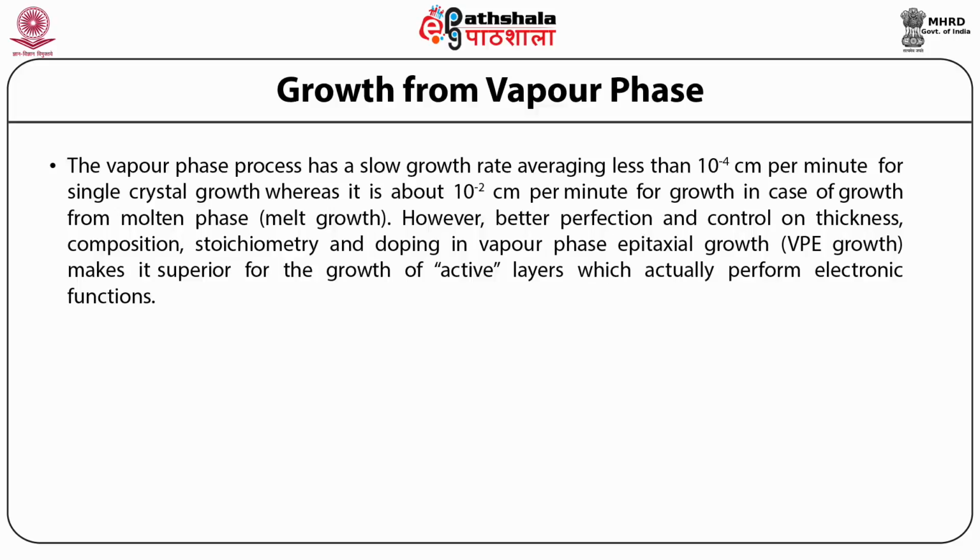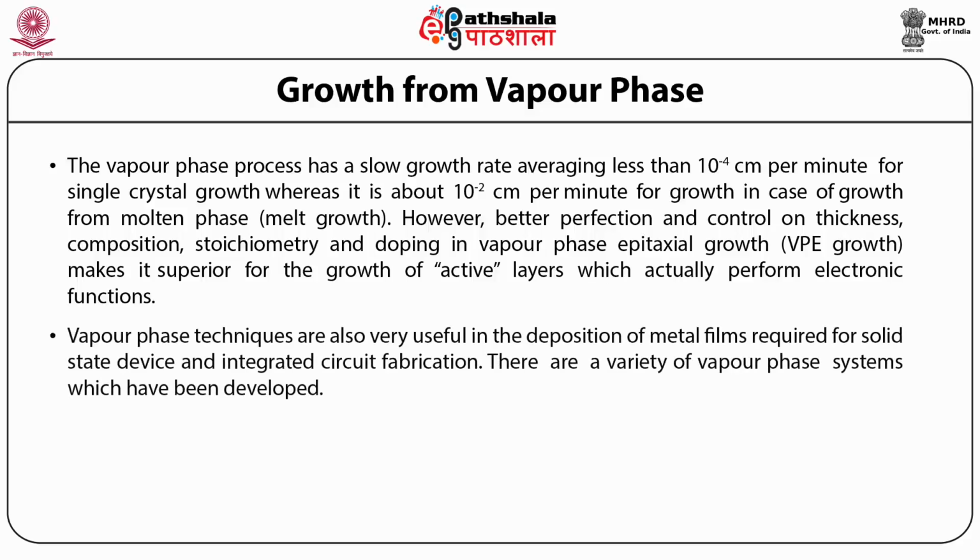However, better perfection and control on thickness, composition, stoichiometry, and doping in vapor phase epitaxial growth, that is VPE growth, makes it superior for the growth of active layers which actually perform electronic functions.